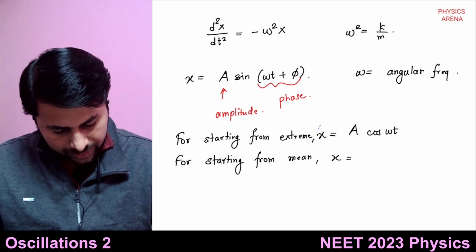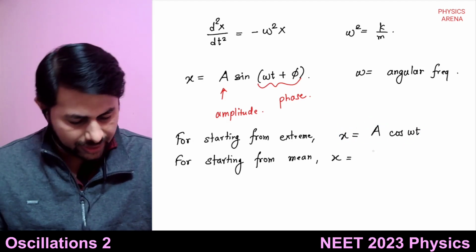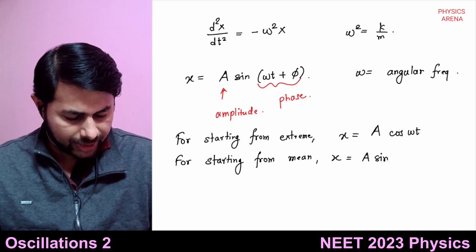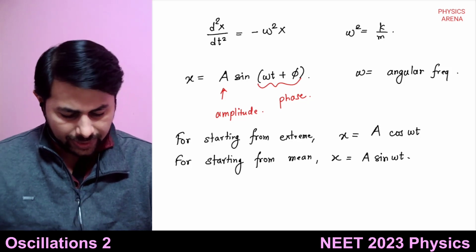And for a particle which is starting from the mean position, x is equal to a sine of omega t. Okay, so this is what we saw, right?